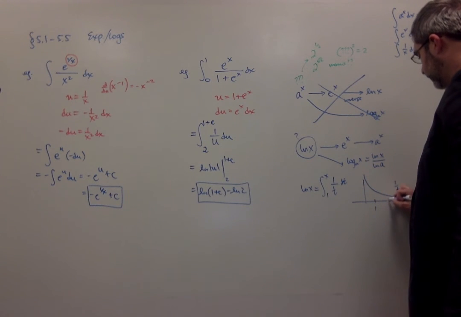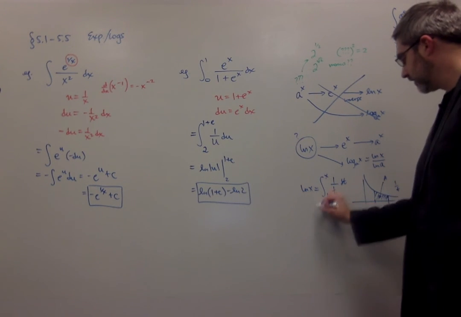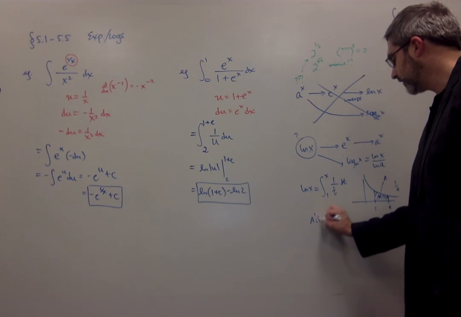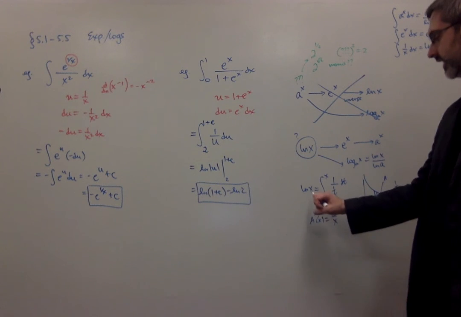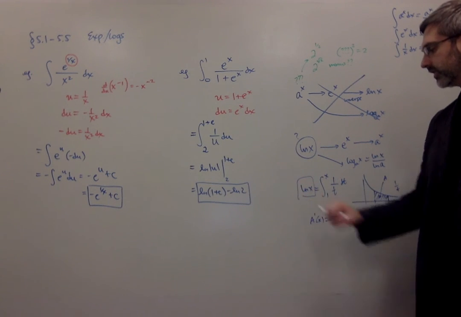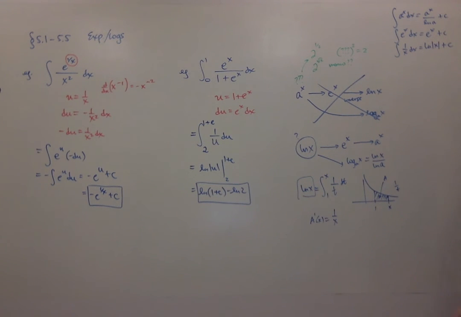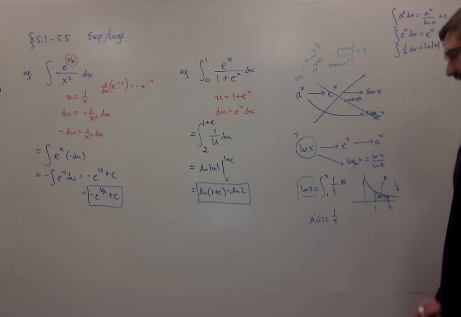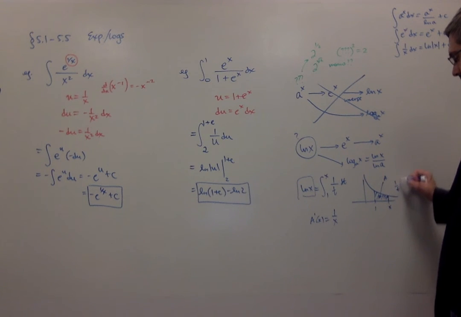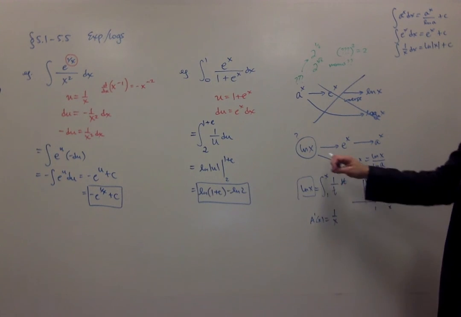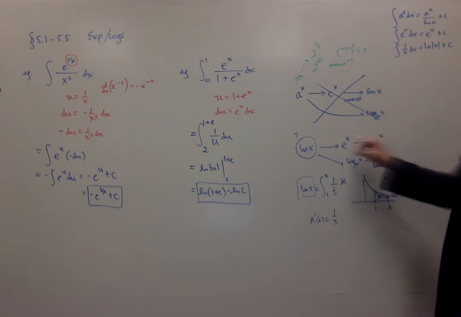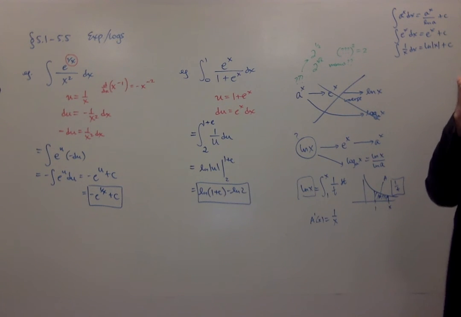You'll notice that this area function, if I call this A, when I differentiate it, the derivative is 1 over x, and that is what we're familiar with for natural log. So it turns out that you can define the natural log function as an area under this very easily understood function 1 over t. And then from that, you can get the e to the x, a to the x, and log base a of x functions.